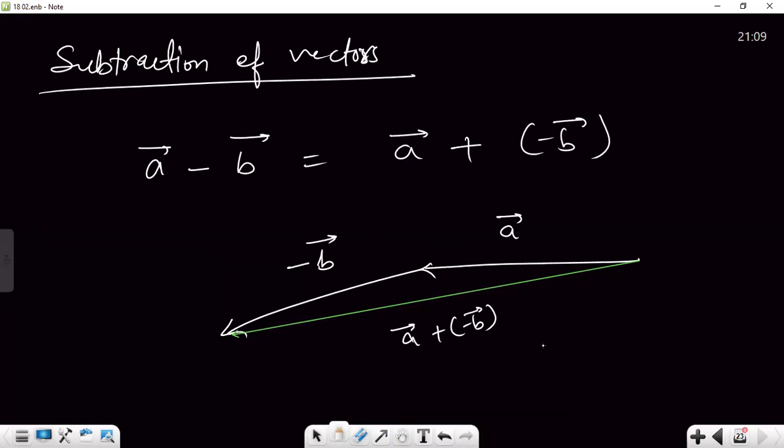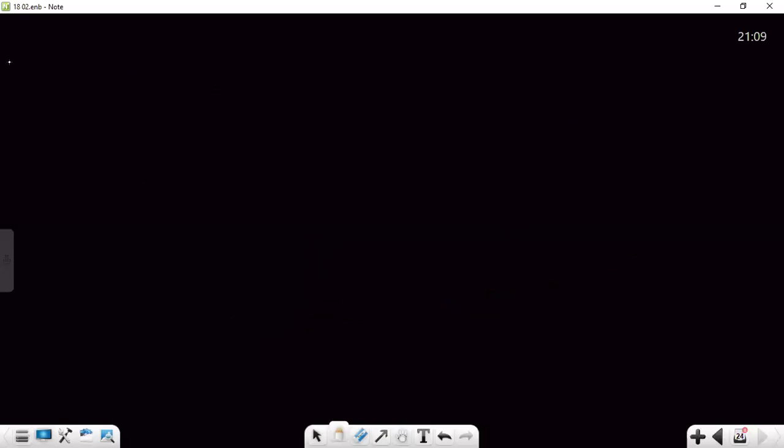Okay. So let's now understand the addition of vectors a little more deeply. How do we add two vectors?